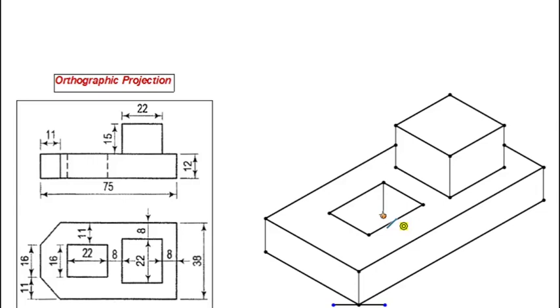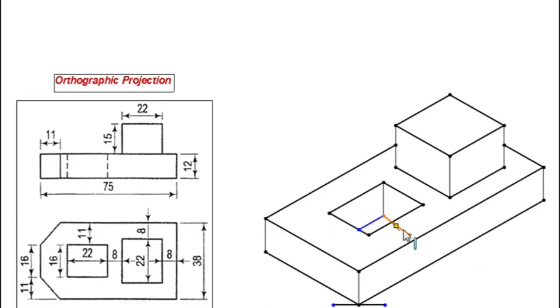plot a line in the x direction and in the y direction, adding the relations. This line and this line should be parallel.